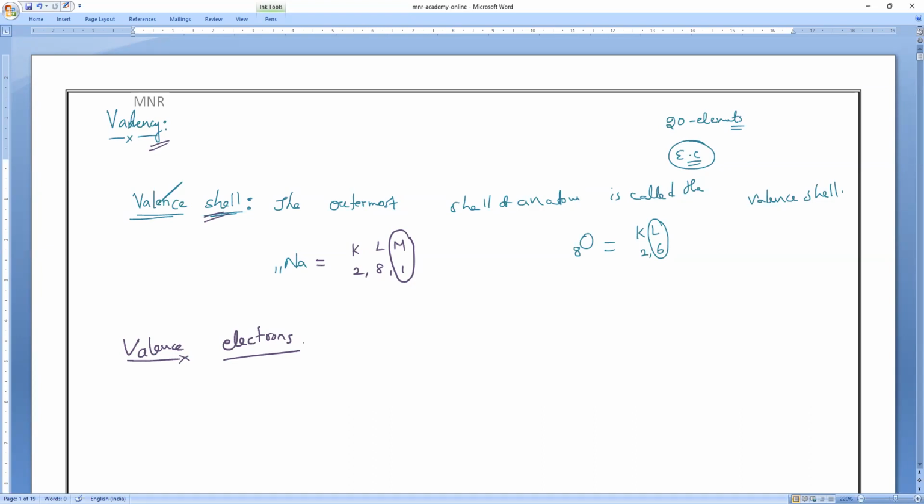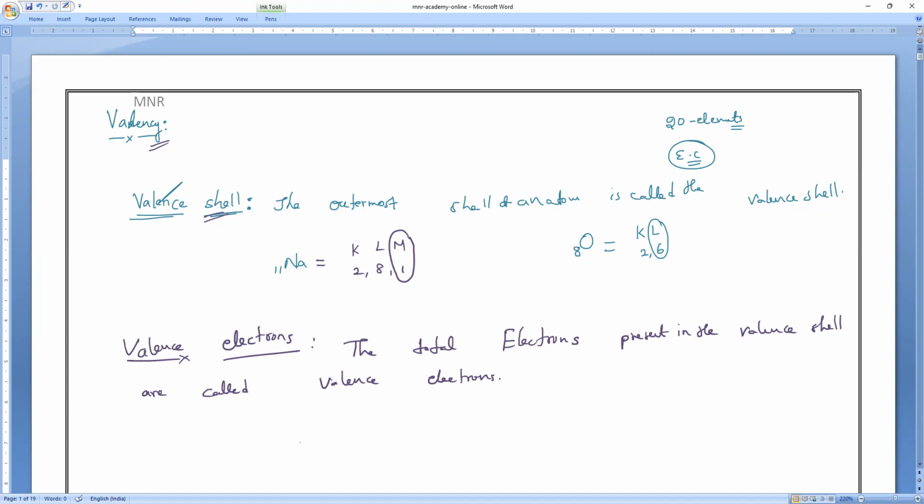So valence electrons means the total electrons present in the valence shell are called valence electrons. Do you all understand? Everybody clear?